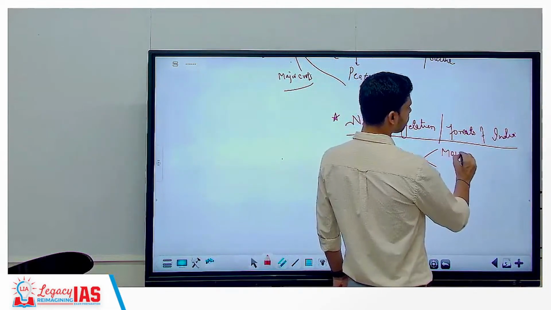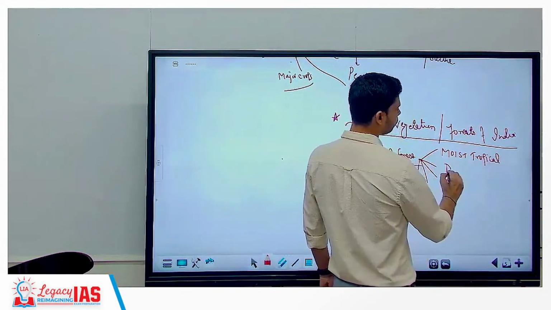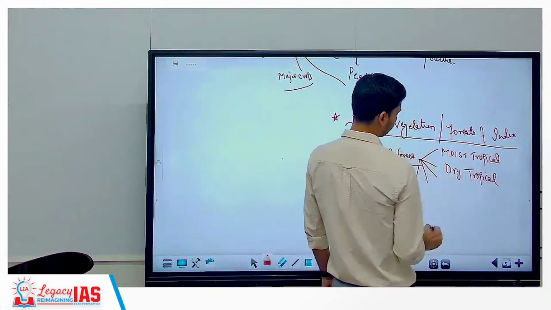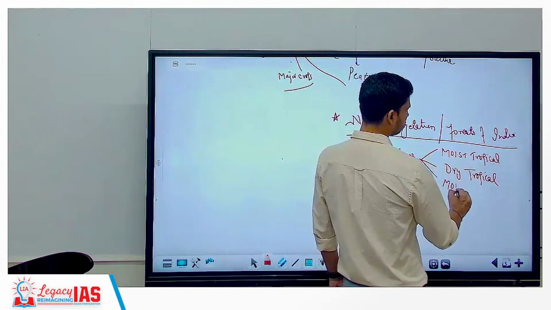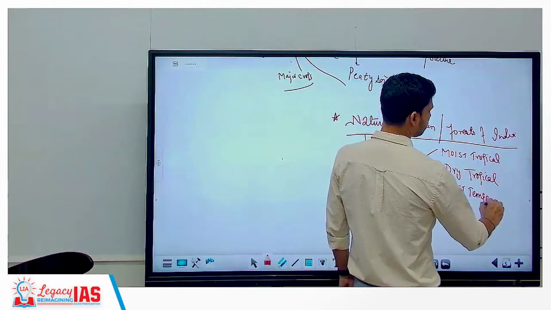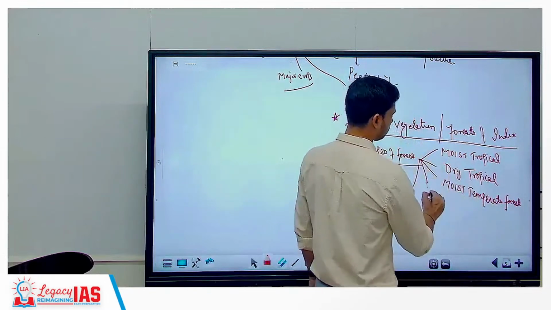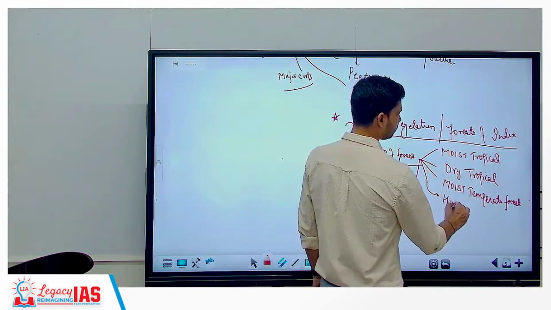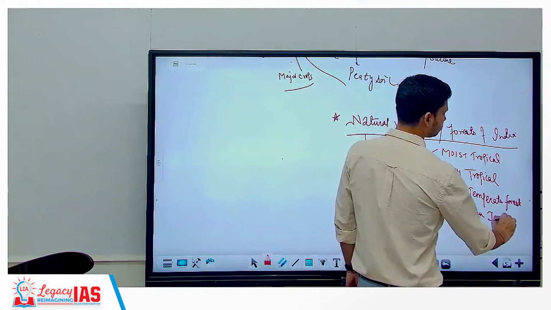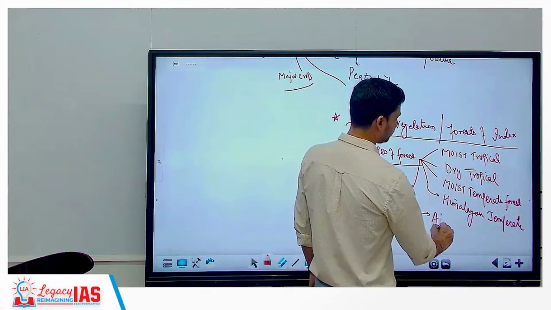That is the moist tropical forest, dry tropical forest, moist temperate forest, Himalayan temperate, and alpine.